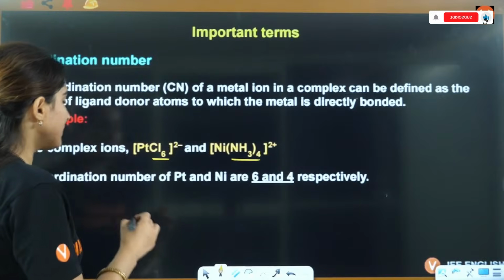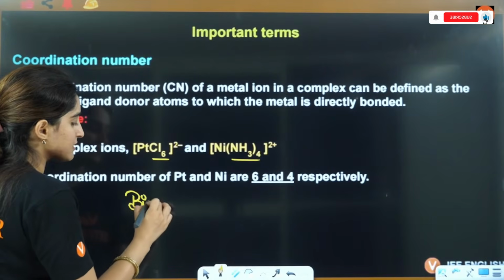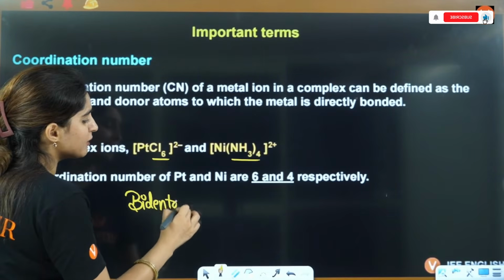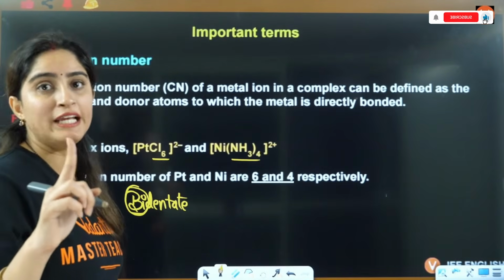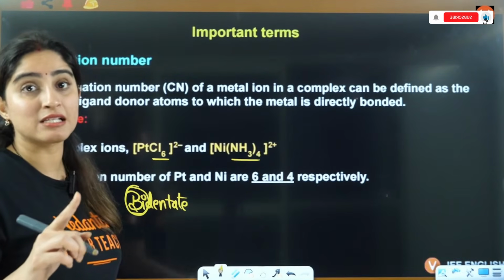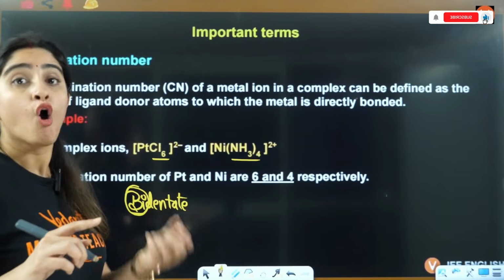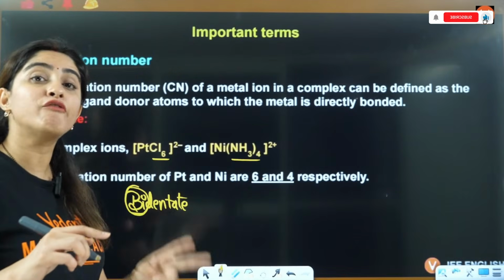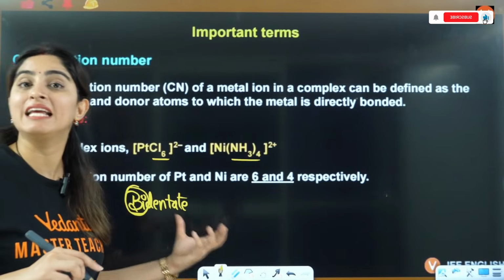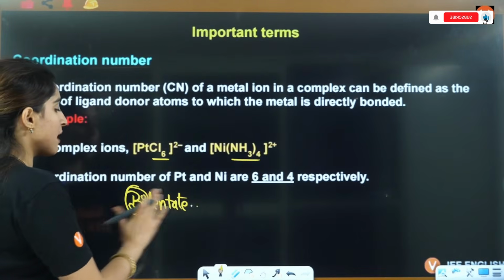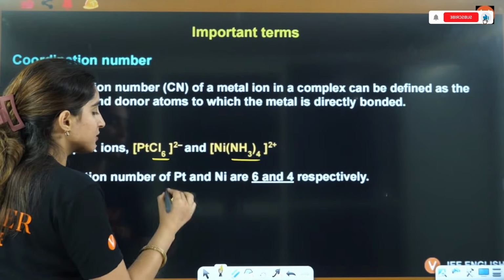For example, there are bidentate ligands. Bidentate means each ligand has 2 donating sites, like ethylene diamine and oxalato.